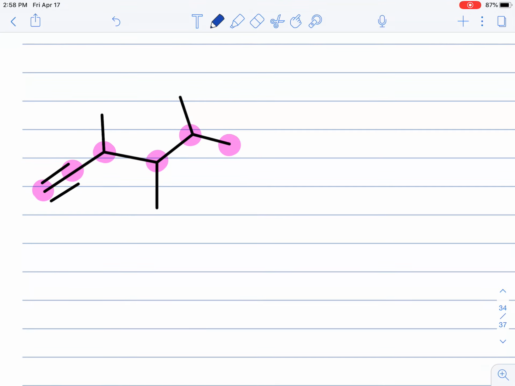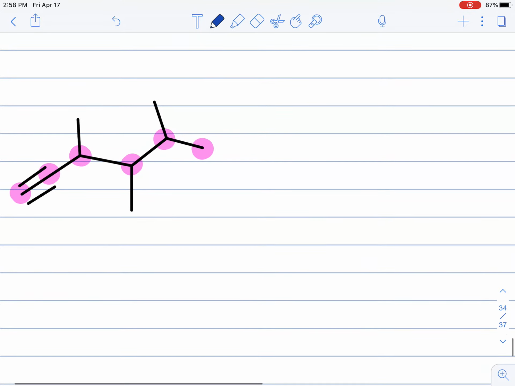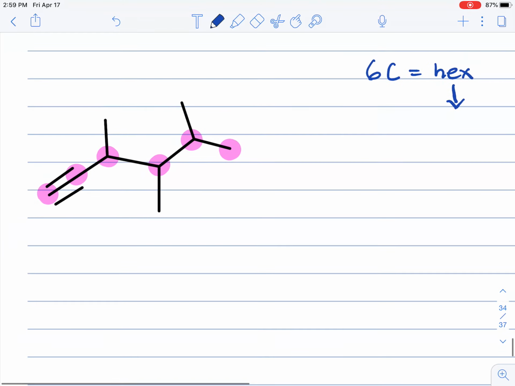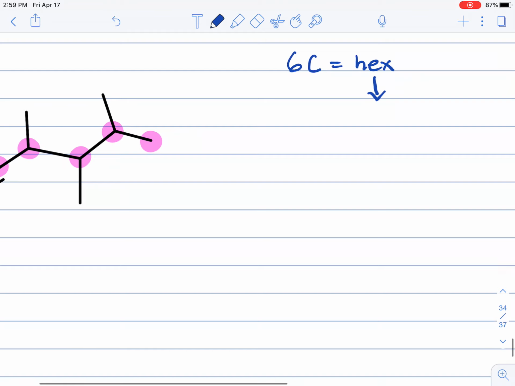Okay. And so if you count the number of pink dots that you see that describes the longest consecutive carbon chain, I have 6. And so if I have 6 carbons, then that's going to represent hex. And so since I have a triple bond present, then I need to put in the yne ending, hex-yne. Okay.